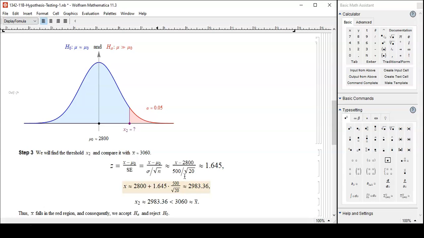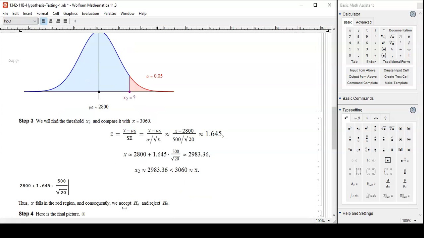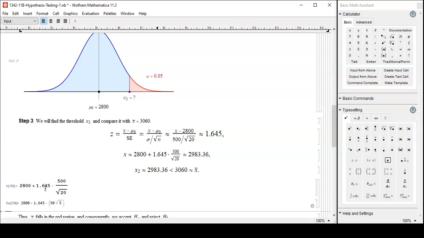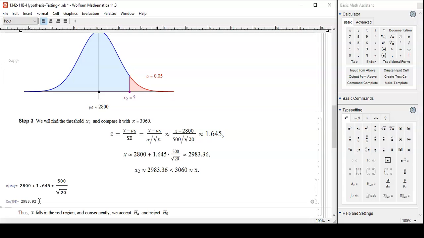So solving this, flipping this 2800 to the other side, or from 2800, add the margin of error, Z times SE. Either way, if you calculate it, you're going to get, I changed this Z value a little bit, so it'll change a little bit. Oops, sorry about that. A typo here. 2983 points.